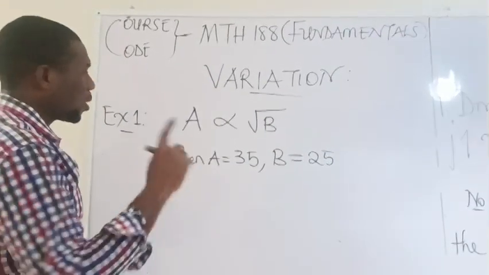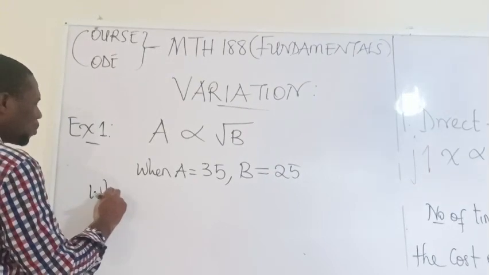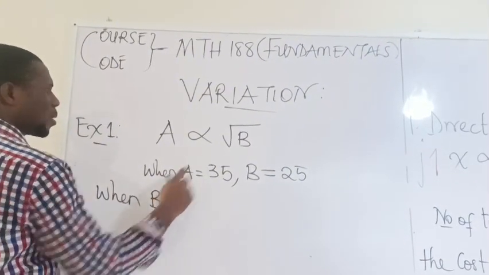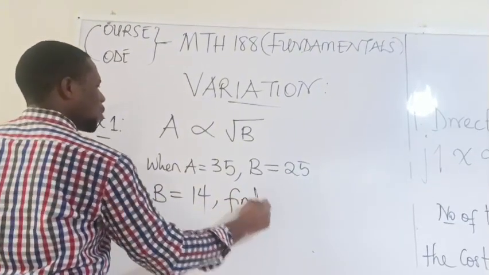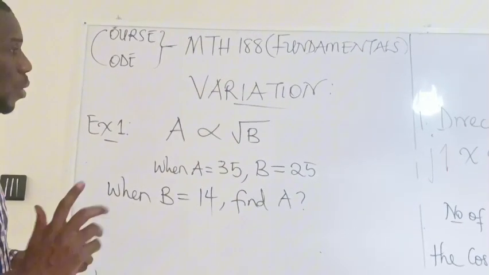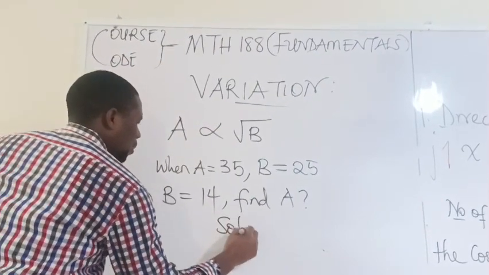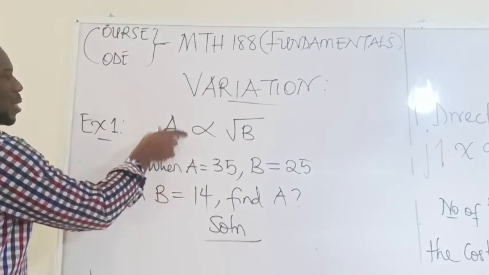The question is this: when quantity B is 14, find quantity A. This is a direct variation question, and let's do justice to this briefly. So the solution to this is, this is the relation between quantity A and B.